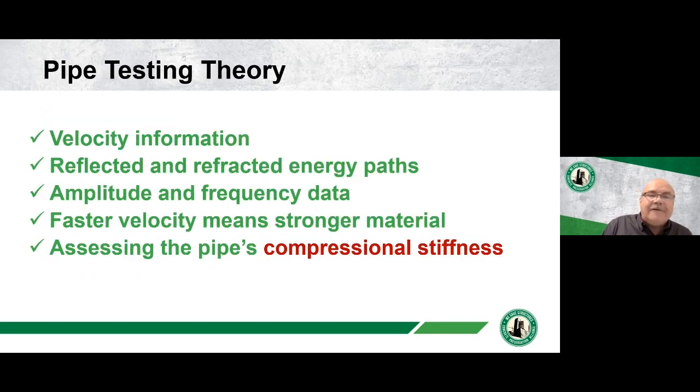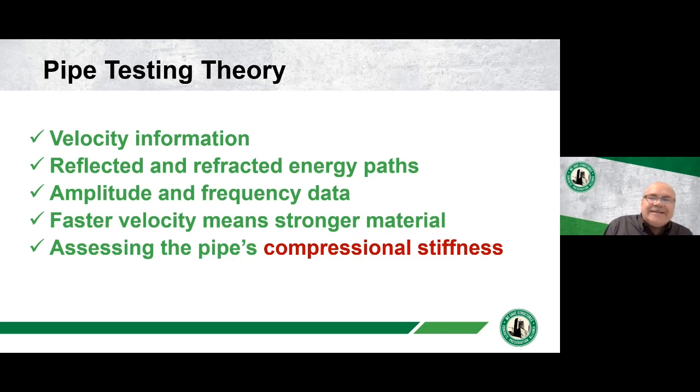Velocity information: how fast do energy waves travel? We know how fast they should travel in good quality pipe, and when they travel slower, we can quantify those pipe sections to be suspect and damaged, thinned out, or micro cracked, depending on what information is recovered.